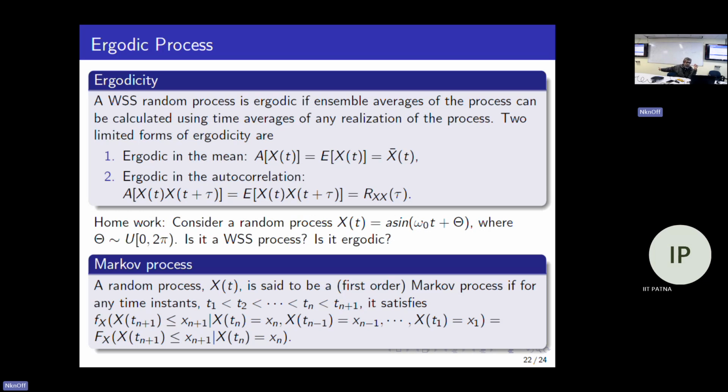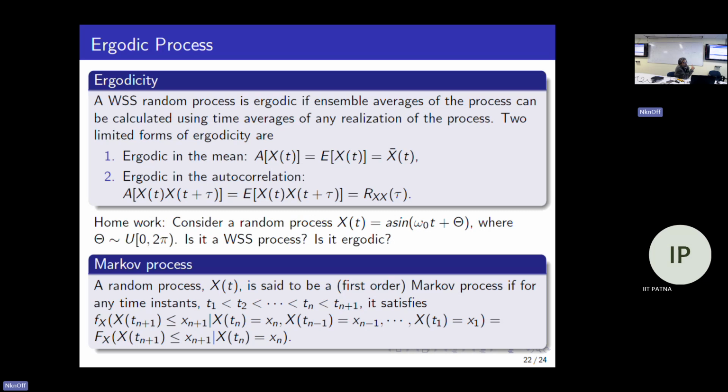Now we calculate the ensemble average and we calculate the time average. Time average means a single realization. If both are the same, then it is ergodic in mean. A means ensemble average, E means time average.